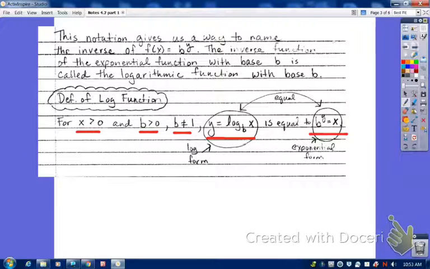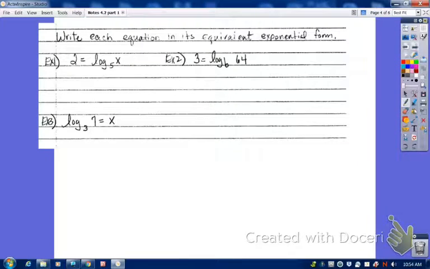Sometimes we work a problem in log form, sometimes we work it in exponential form, sometimes it doesn't matter which form we work it in, sometimes it can only be worked in log form, and we kind of go back and forth. So the first thing that I'm going to do, this should be familiar to you, but if it's not, it's because we didn't spend a lot of time on it in Algebra 2.